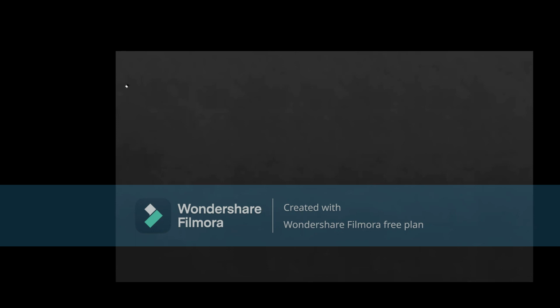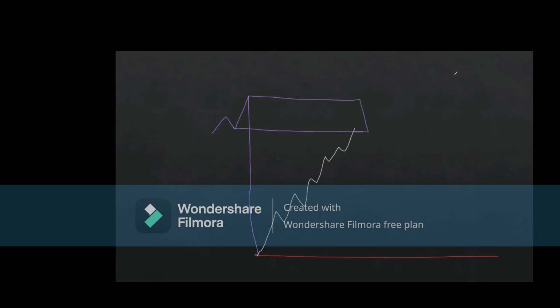So if we are in the 15-minute, and let's say we have a strong high, and then we have our target right here, and price comes into here. And let's say this is the 4 hour.